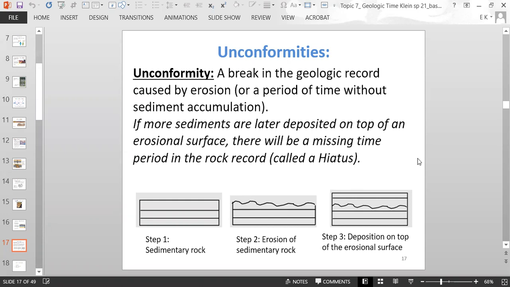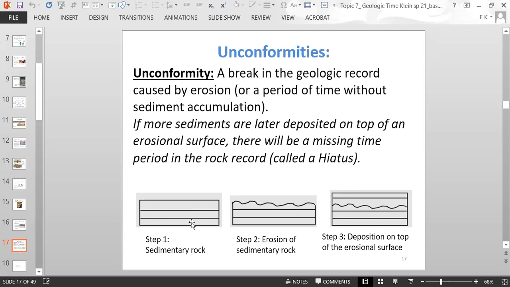But many times it is related to erosion removing rock layers. If more sediments are deposited on top of the erosional surface, then there will be a missing time period in the rock record, which we call a hiatus. So the break in the geologic record related to the erosion is called the unconformity.